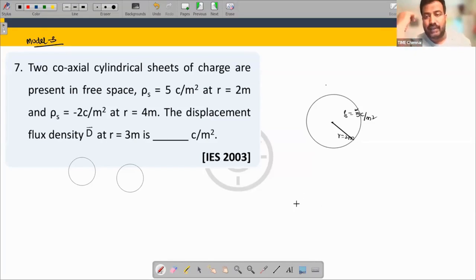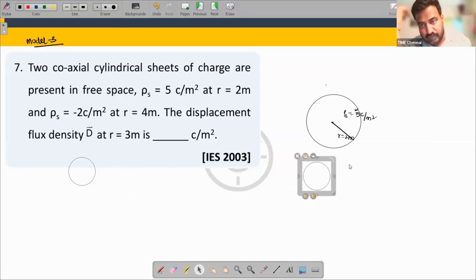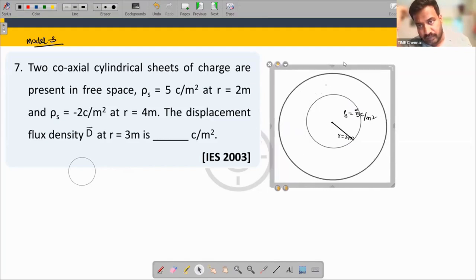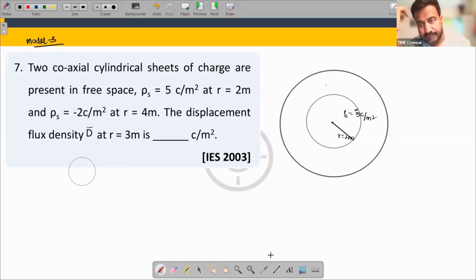The other has rho s equal to minus 2 coulomb per meter square at r equal to 4 meter.